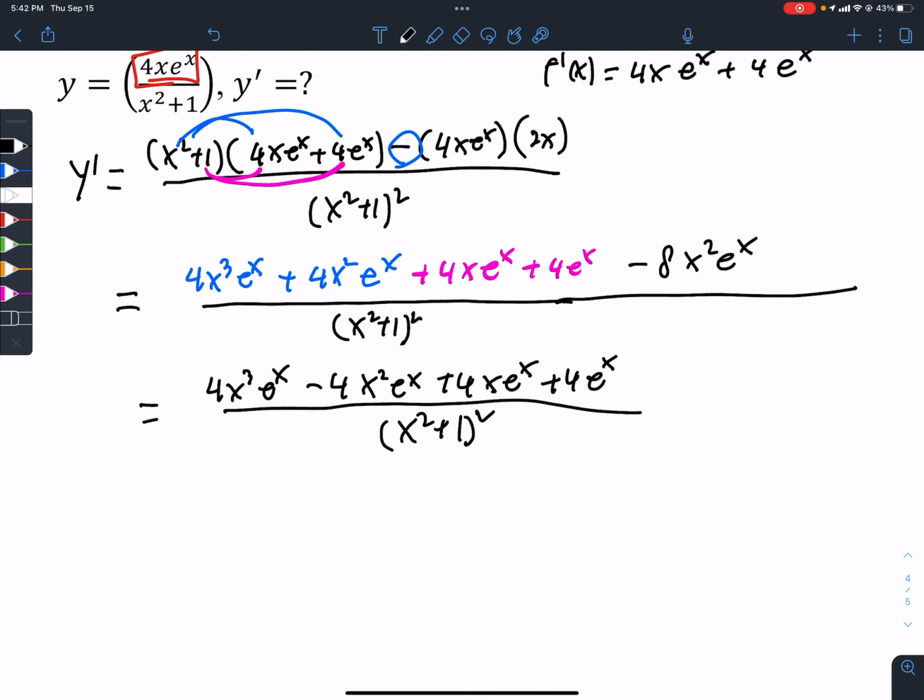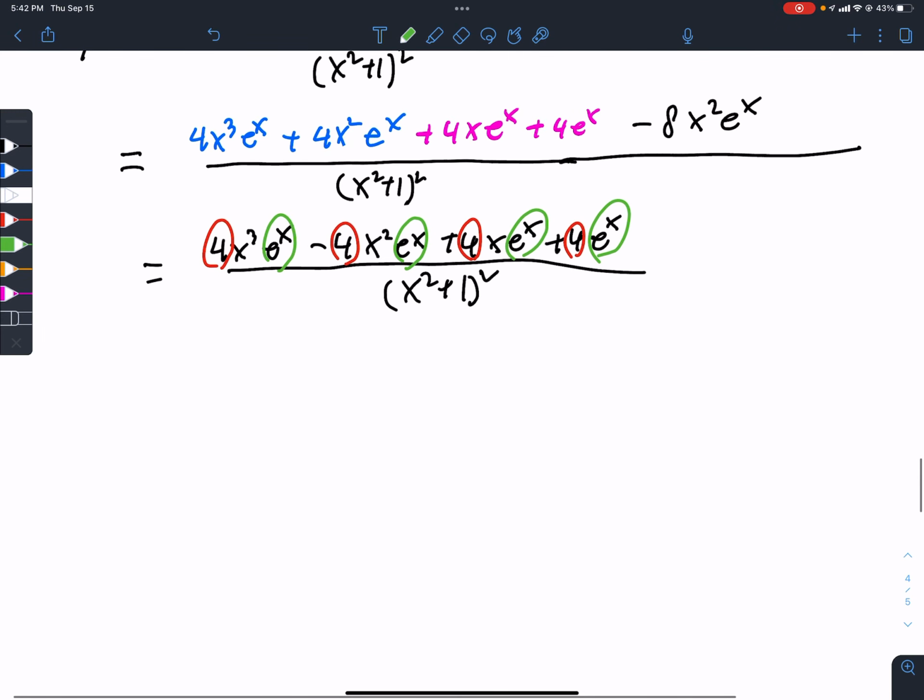All right. Can I do anything else? Well, if you look, they all have a 4. So I can factor the 4 out. And they all have an e to the x. I can factor those out. They don't all have an x, so I can't do that.